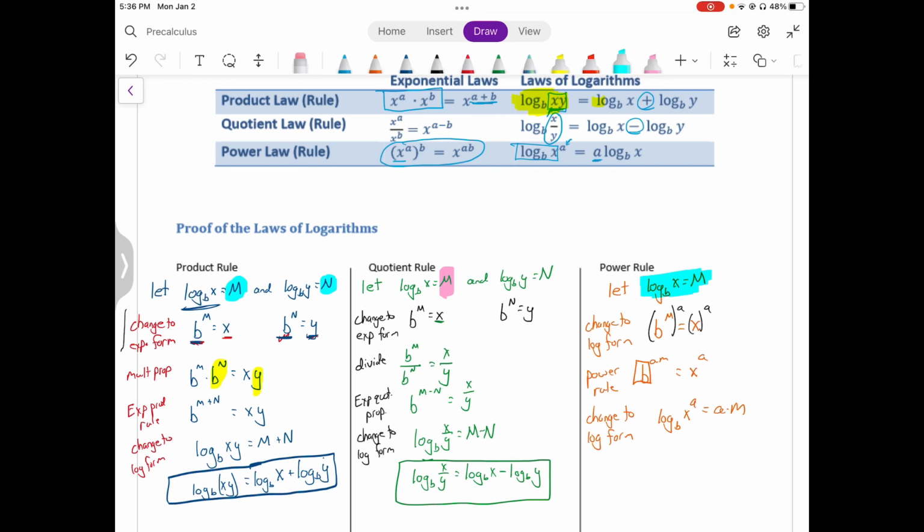And so we get our final rule here, log base b of x to the a equals a times log base b of x. And there is the power rule for logarithms.